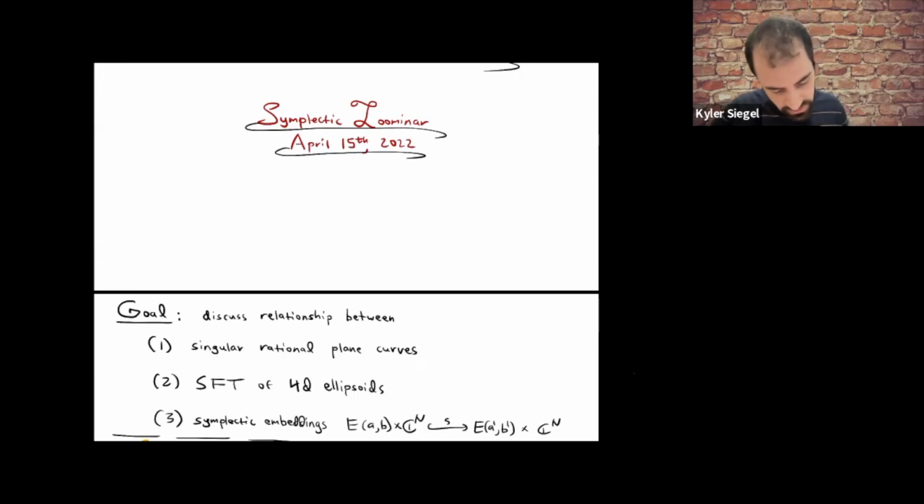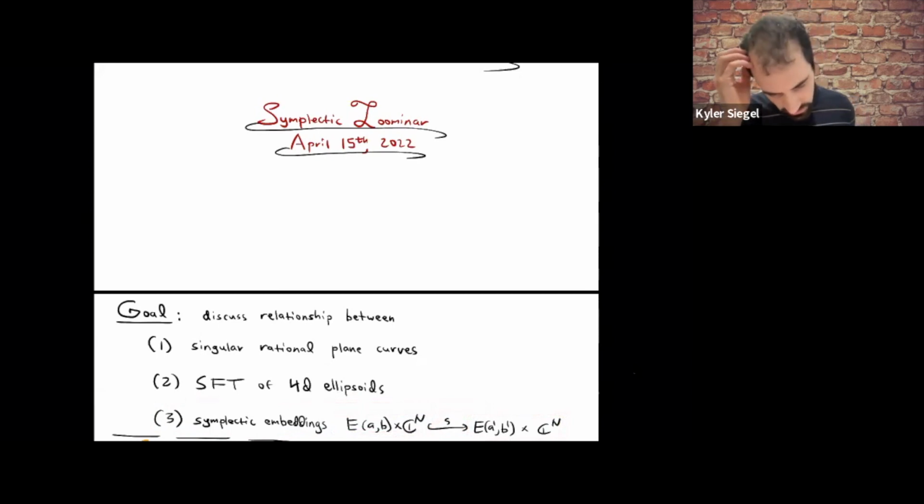For this talk specifically, we'll be concerned with embeddings from a stabilized four-dimensional ellipsoid into another four-dimensional ellipsoid. So you look at symplectic embeddings from something of the form ellipsoid cross Cn into another ellipsoid cross Cn. And my goal is to explain the connection between these three topics.